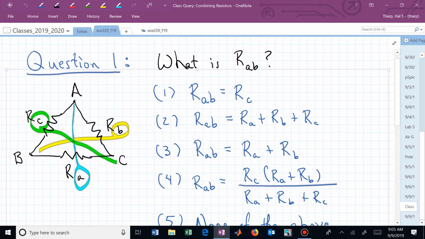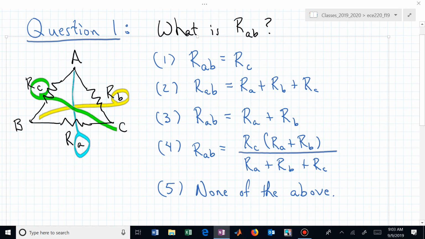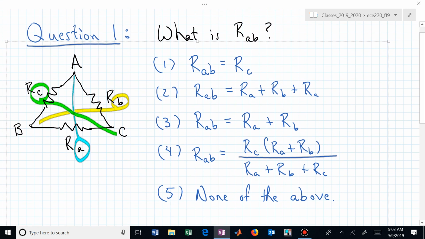So now here's the class query. I'm not sure if those ribbons of highlight make sense. They're coming in a little different than what I thought they would, but that's okay. The labeling of this delta connection of resistors, A, B, C, the highlight is trying to help you orient or determine which R sub A, which R sub B goes where.